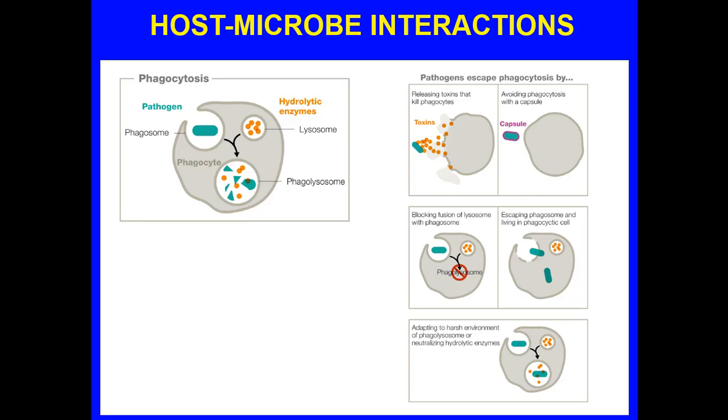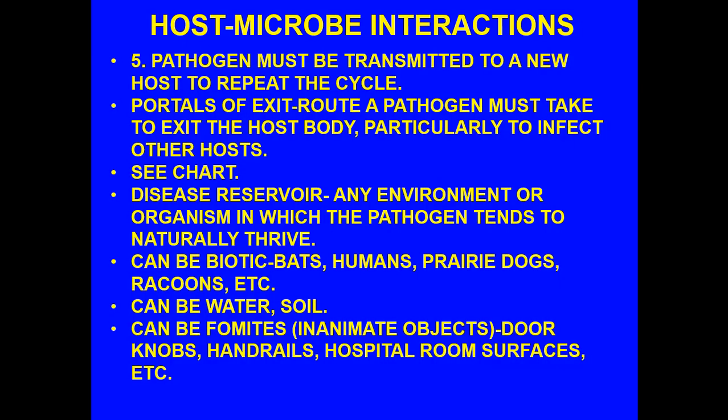Pathogens will release toxins, and they will kill the phagocytes. Pathogens will have an outer capsule that will avoid the phagocytosis. Pathogens may also basically block the fusion of the phagolysosome, or will break out of the phagosome itself. And in some cases, they'll just neutralize the hydrolytic enzymes delivered by the lysosome. Finally, step 5.